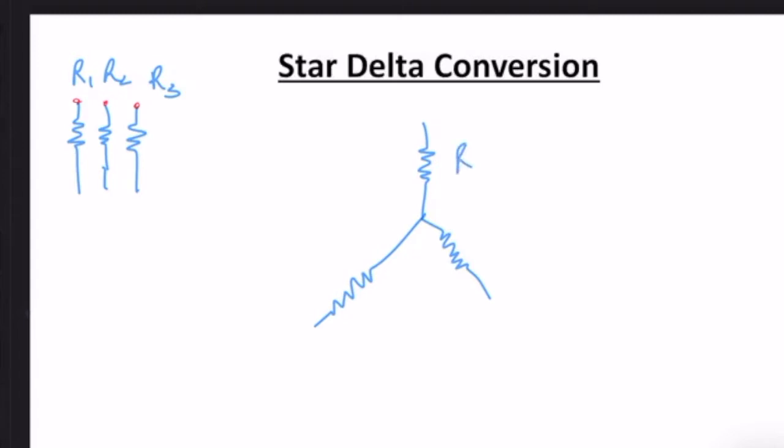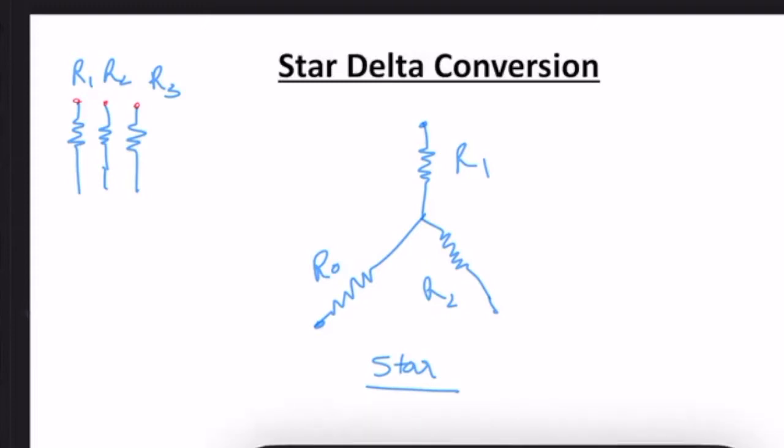This is your R1, this is R2, and this is R3. If we join them like this, then it is a star connection. Or we can take tails of all wire and join them together, then again it is a star connection.